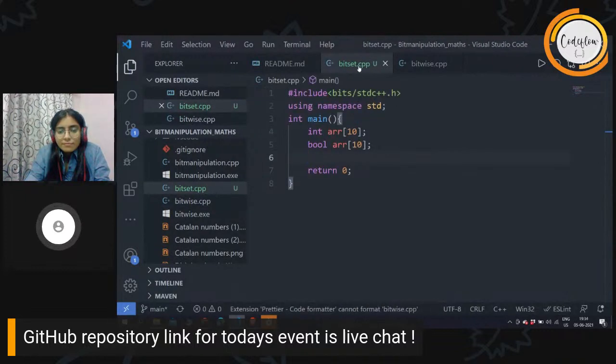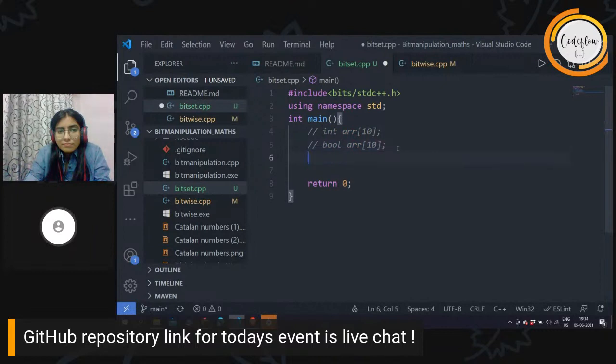Okay, let's move to Bitset. So these, of course, cannot have the same name. This is just for example. Can you tell me the size of a Boolean data type? What is the size of bool? One bit or byte?